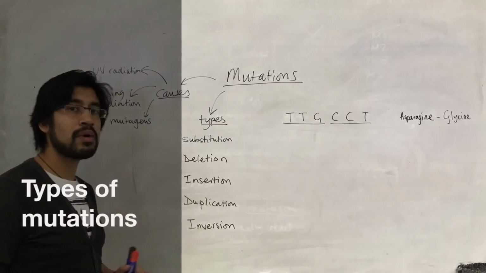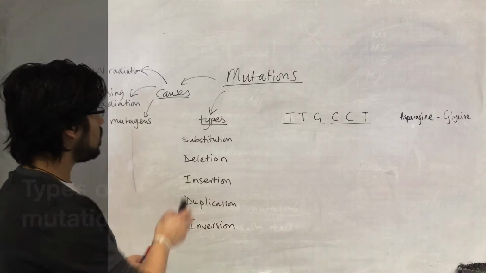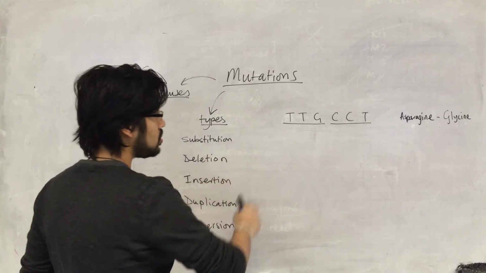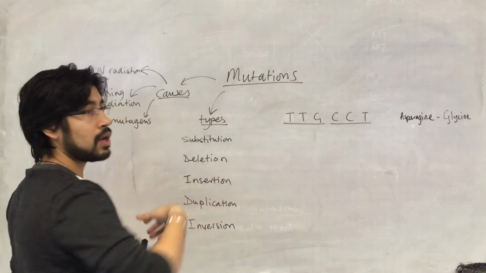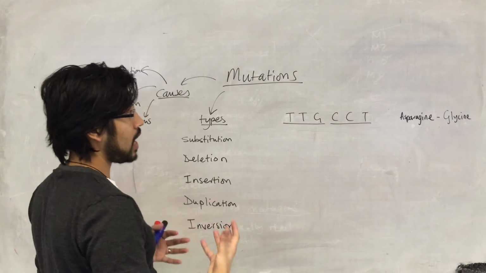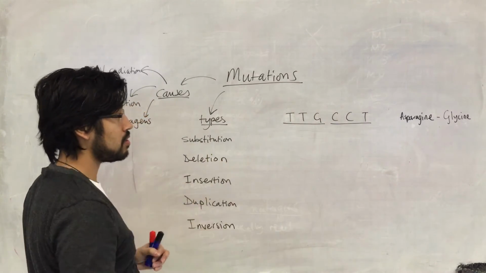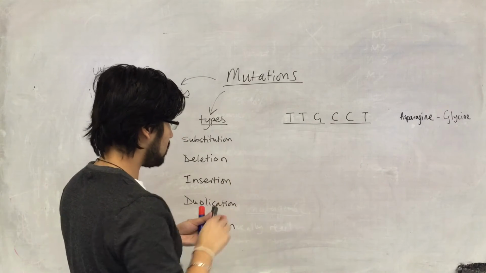So now let's talk about the different types of mutations. Our first type is substitution. In a substitution, one of our bases changes to another base in the same position.